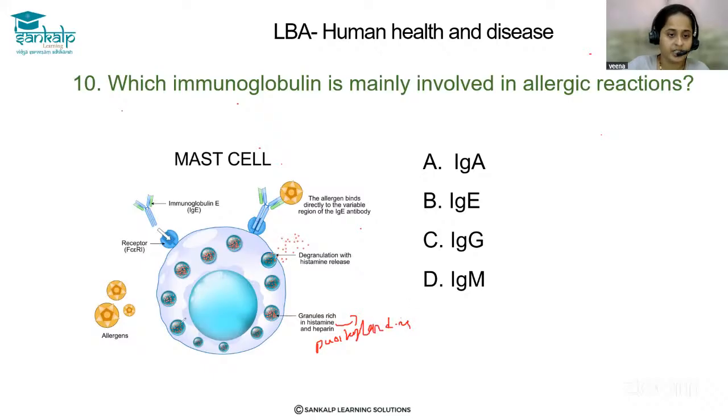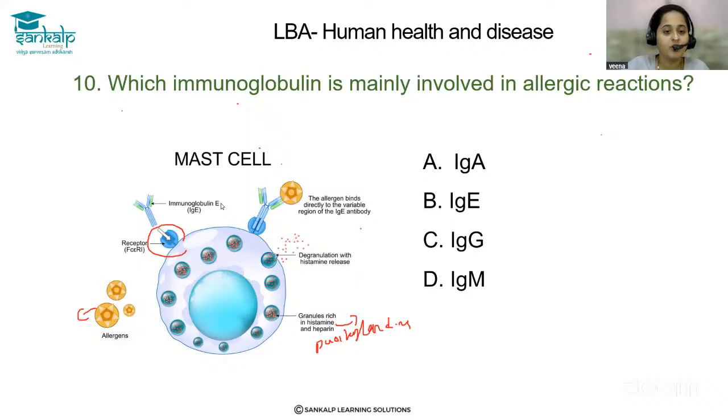Allergy means an exaggerated reaction of the immune system. So when an allergen attacks our body, the mast cells contain receptors.